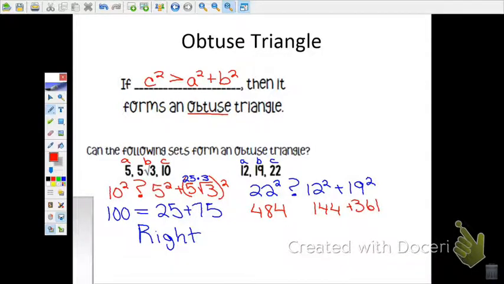So if I add those together, 4 and 1 is 5, 4 and 6 is 10. So I get 504. So it's less than, so again, it's not obtuse, it would be acute.